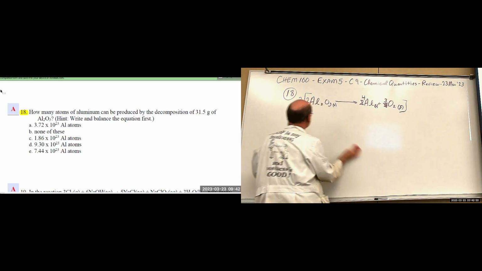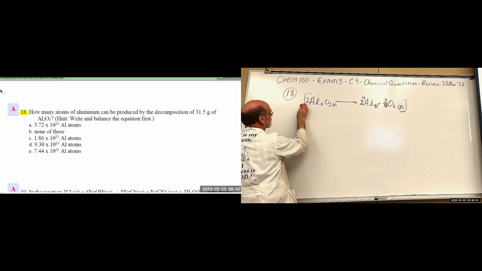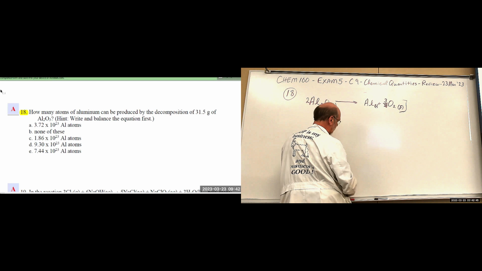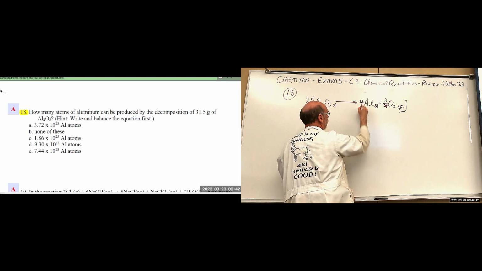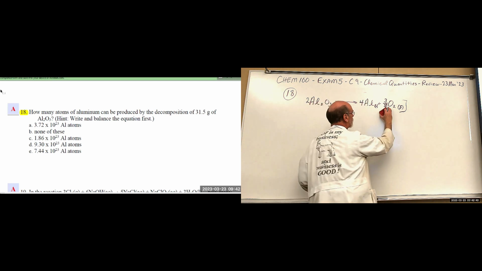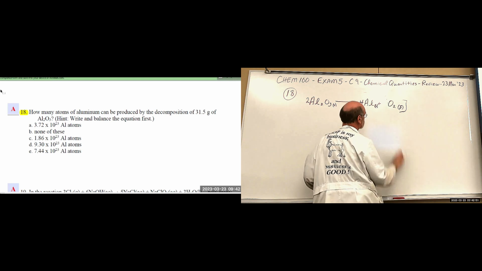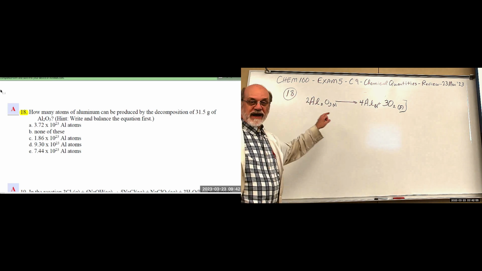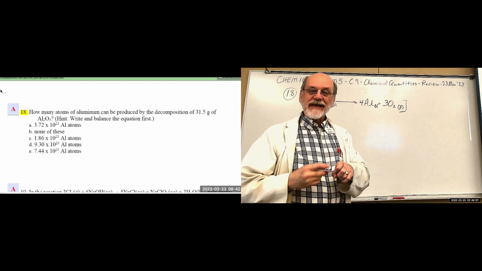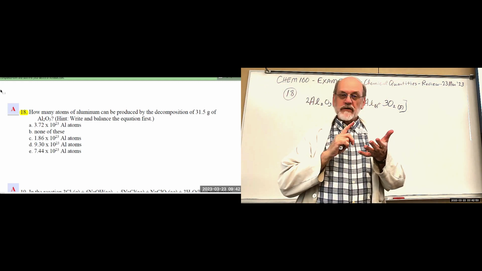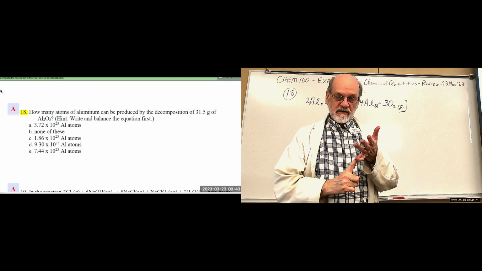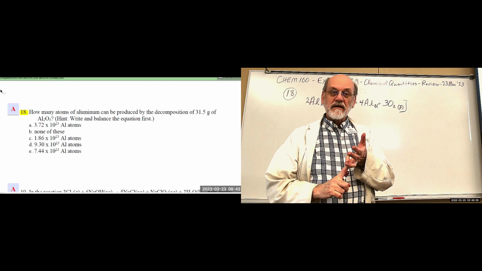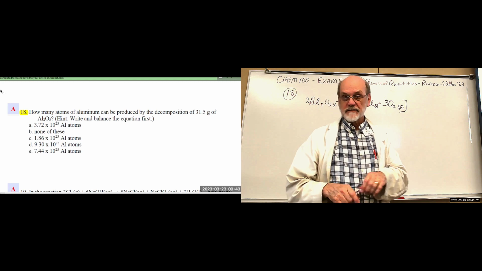Okay? So now our balanced equation, leave that 2 there. Let's clean it up. Put our 4 here. And then our 3 is still here. There we go. Now that's our balanced equation. If you can't do that, first of all, if you don't know what decomposition means, or if you cannot balance the equation, then you cannot answer the question.